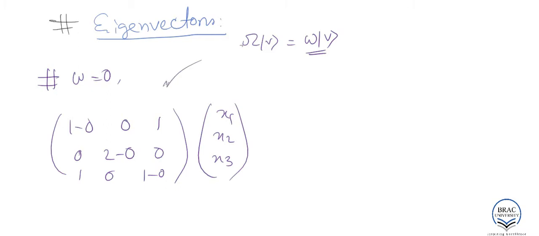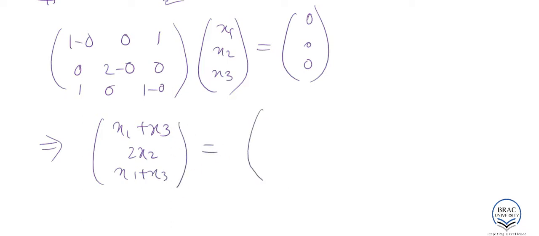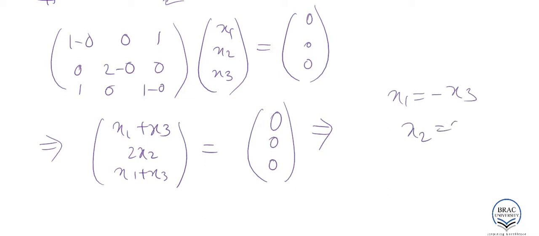So this is just a matrix representation of this abstract equation. On the right hand side, you will have a 0 vector. If you now multiply this out, the first row will give you x1 plus x3, the second will give you 2x2, and the third will give you x1 plus x3, equal to 0, 0, 0. From here you can conclude that x1 equals minus x3 and x2 is 0.